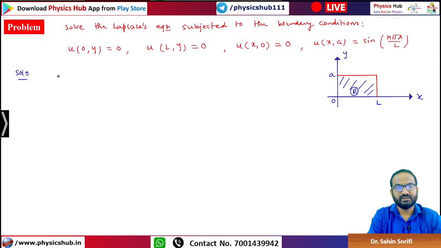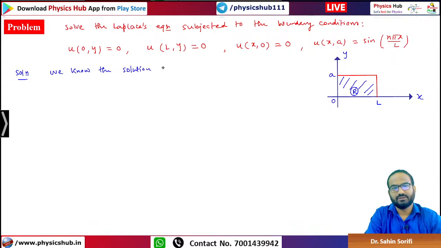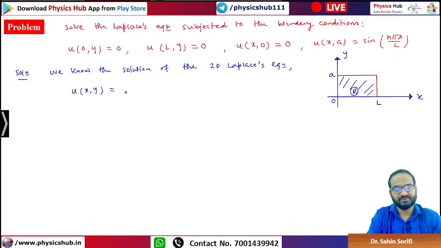We can start with the solution of the Laplace equation. We have already derived it in the last class. So we know the solution of the 2D Laplace equation. How is it given? U of (x, y) equals X of x times Y of y.